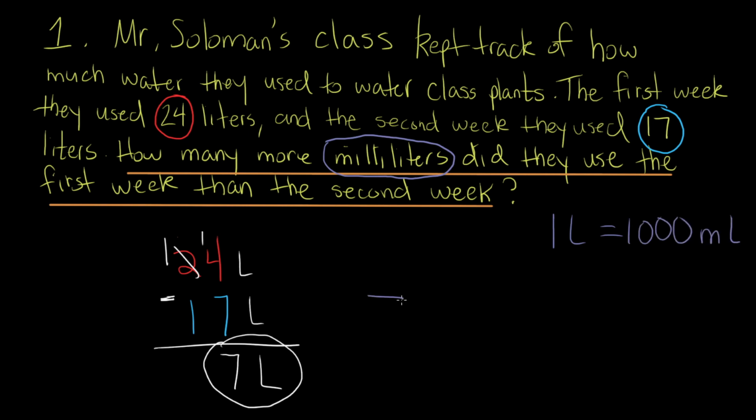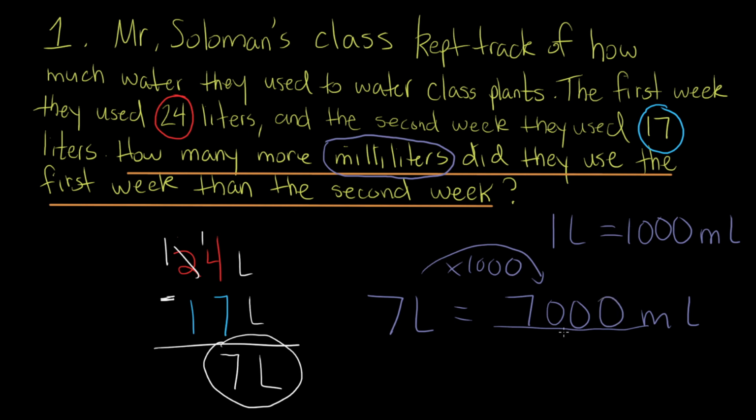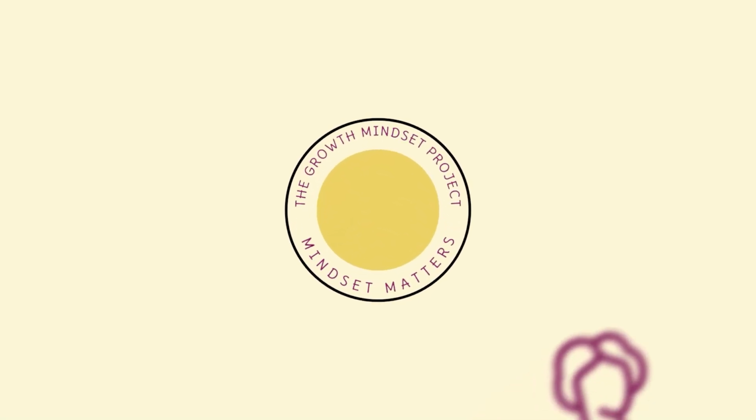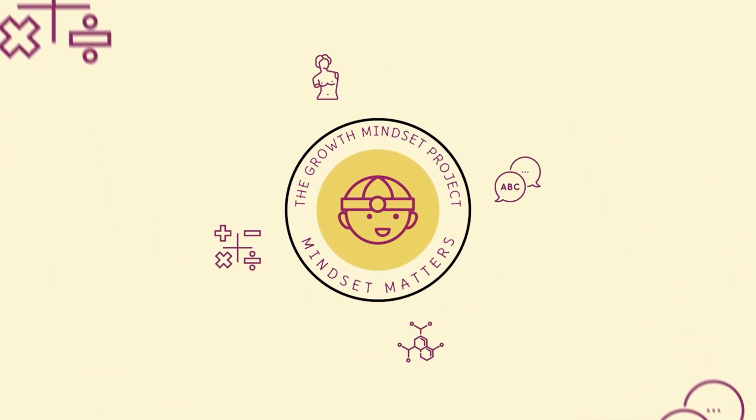So we know in 7 liters, we're going to multiply by 1,000. 7 times 1,000 is 7,000. How many more milliliters did they use the first week than the second week? We used 7,000 more milliliters.